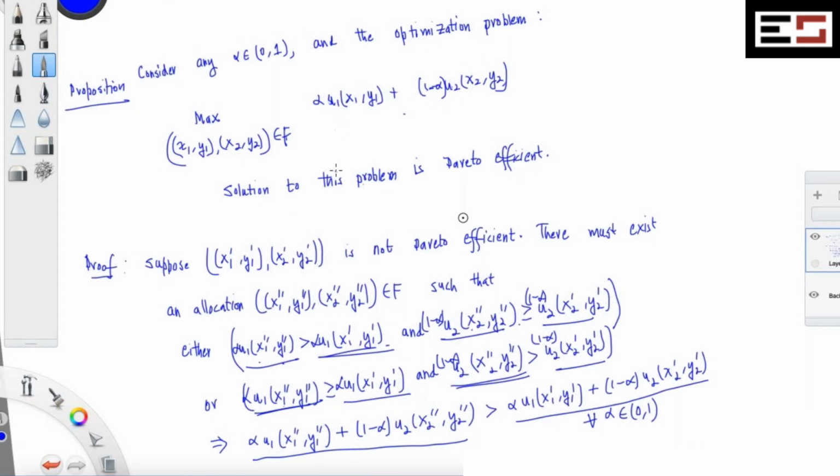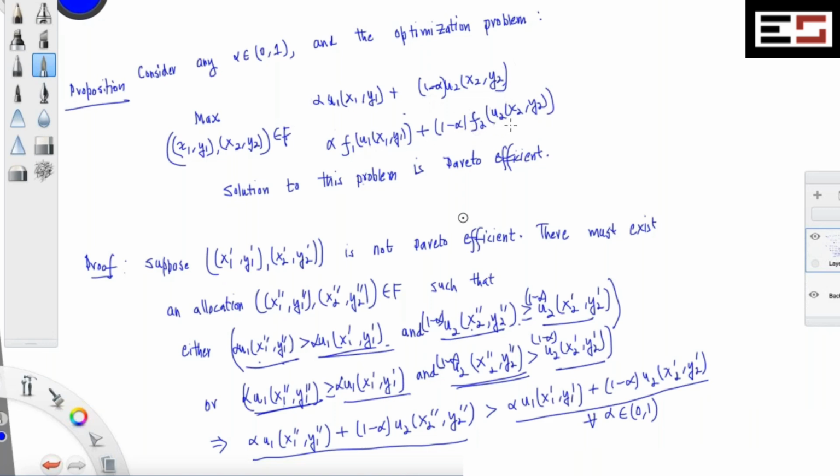And if you are going to use it in a little bit more clever way, then you can even consider, instead of maximizing this objective, maximizing these kinds of objectives. If you use it in a clever way, you can actually consider maximizing objectives of this type, where f1 is a strictly increasing function and f2 is a strictly increasing function.